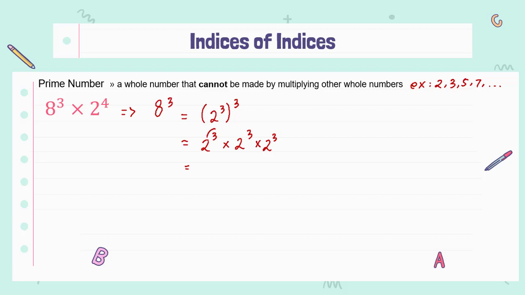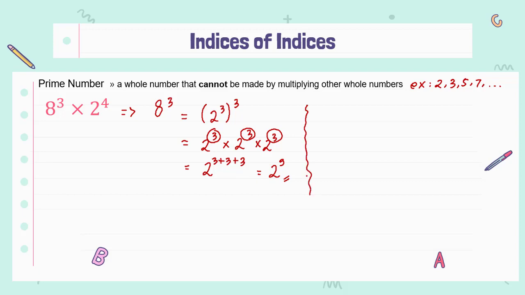You just need to add all of the powers because they have the same base. You just need to put 2, 3 plus 3 plus 3. It can be 2 with the 9th power. This is the simplification of 8 to the third power.